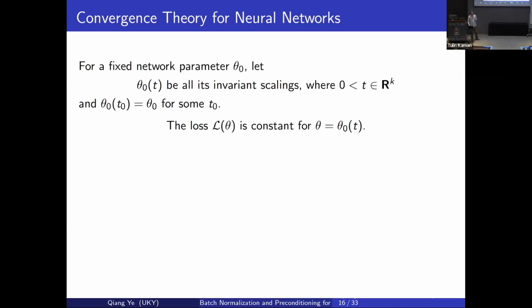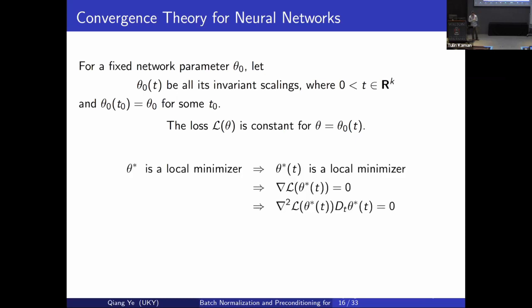So in that case, the loss is constant for all the parameters on that manifold, because they all produce the same output. So if theta star is a local minimizer, then every point on that manifold is a local minimizer. Then the gradient at every point on that manifold would be 0.